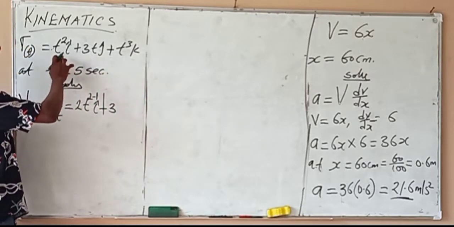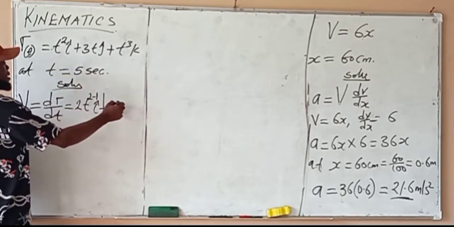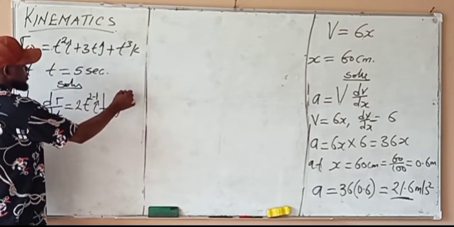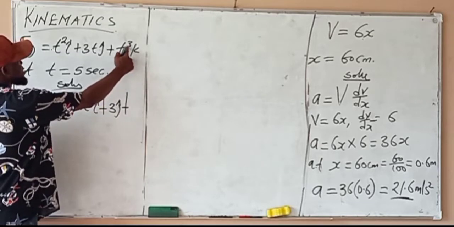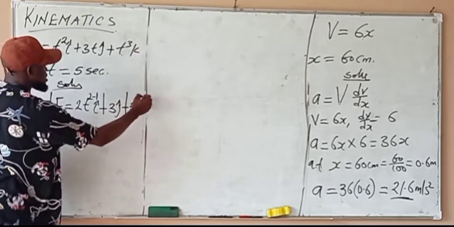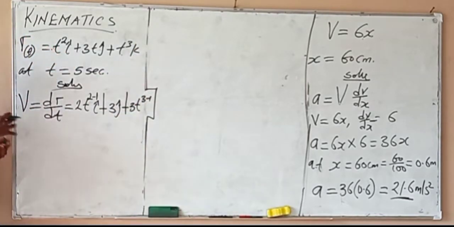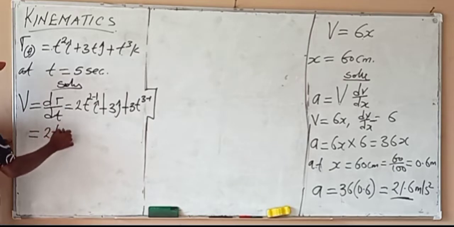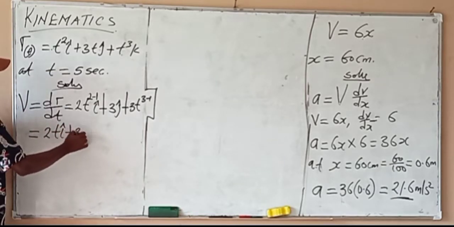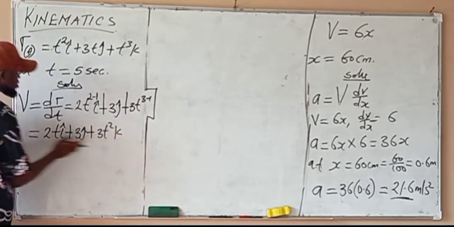We now have t instead of x, the same thing. Then for t raised to power 3, it will be 3 times t, then 3 minus 1, remove 1 from the power. Now you have a raised to power n, times n minus 1. Then I'm going to have 2t i plus 3j plus 3t squared k. This will be the velocity.